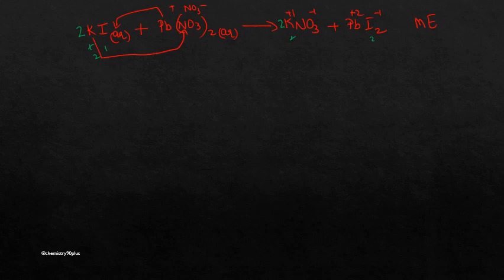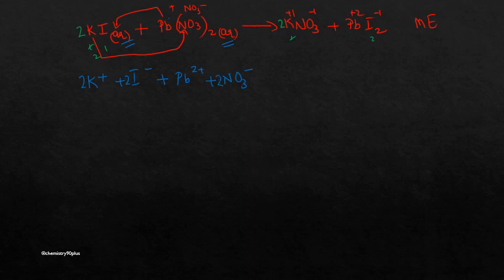How can we write the complete ionic equation? We will write K plus, because it is aq, so we can split it into ions. But can we just write K plus? No, we have two of them. So I have to write 2 here, because the mass and charge should be balanced, right? Plus, this is again aq, so I can split it into ions: Pb 2 plus, because the 2 is the charge for lead here, and NO3 minus, of which we have 2.